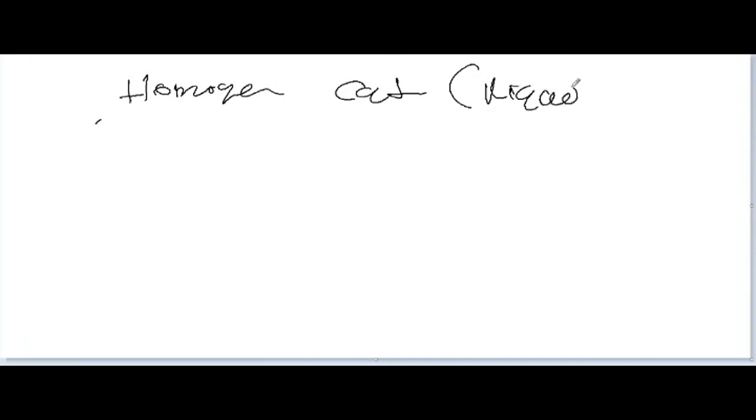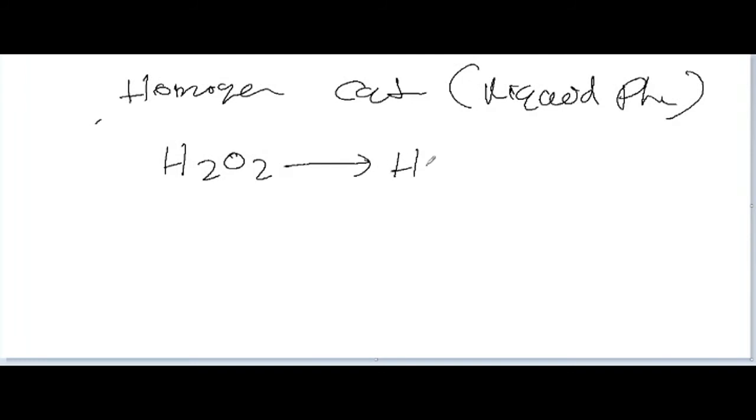Okay, then let's consider another type of homogeneous catalyst, in the liquid phase. Here we consider the decomposition of H2O2. We know the reaction gives H2O plus O2, and this whole reaction is in the liquid phase.